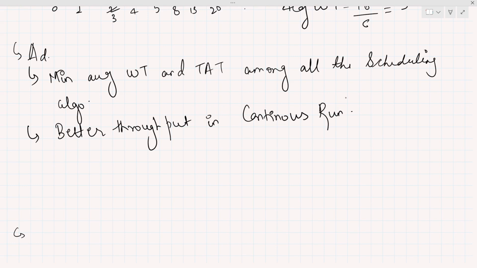What does that mean? That means if a process is coming into the ready queue, it will get the CPU and execute. Means the CPU does not become idle. A process always comes to the CPU. So this is the meaning of better throughput in a continuous run. So this algorithm gives us a better throughput.